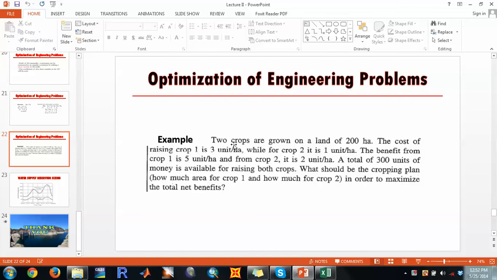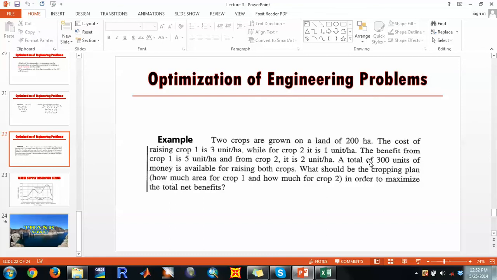So this example says that two crops are grown on a land of 200 hectares, which means the land is limited to 200 hectares. The cost of raising crop 1 is 3 units per hectare, and the cost of growing crop 2 is 1 unit per hectare. The benefits from crop 1 are 5 units per hectare, and from crop 2 are 2 units per hectare.